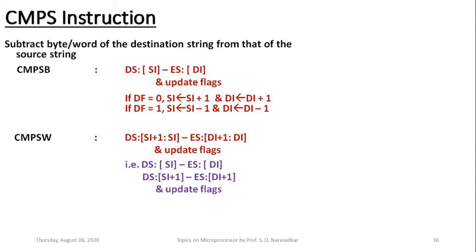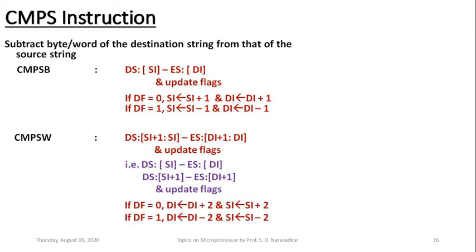And then the effect of the direction flag is written at the bottom. Here is that effect of direction flag: auto increment or auto decrement of SI and DI, both the index registers, by 2, depending on the setting of that direction flag, which is clearly shown and written here.